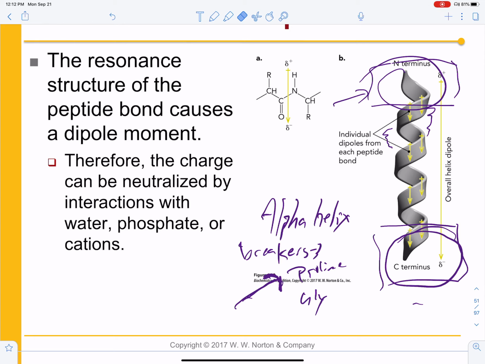So you can tell whether or not you have an alpha helix based on the amount of prolines and glycines within a primary structure. Just given the sequence of the amino acids, you can begin to get ideas about the type of shapes that a potential polypeptide can form.